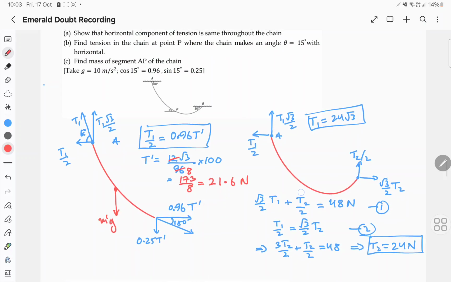So now they are asking the mass of this section. So this is m dash. We can make the vertical equation, which is T1 root 3 by 2 minus, in this case, T dash by 4, 0.25 T dash is equal to m dash G, m dash into 10.